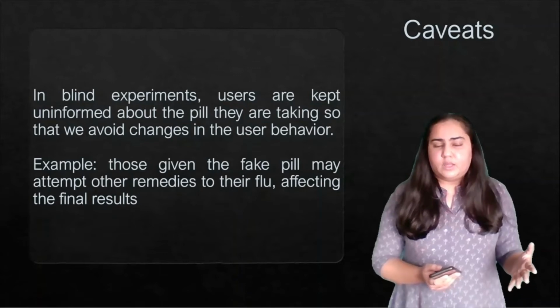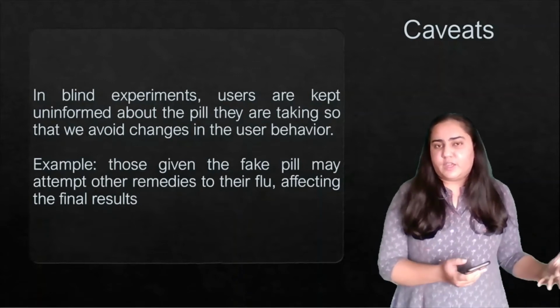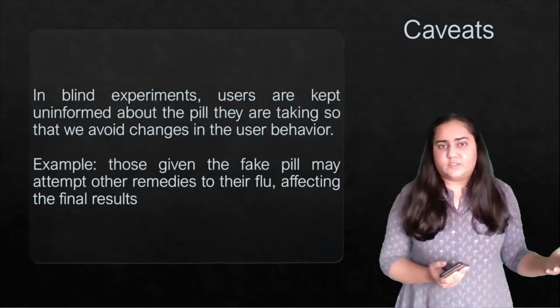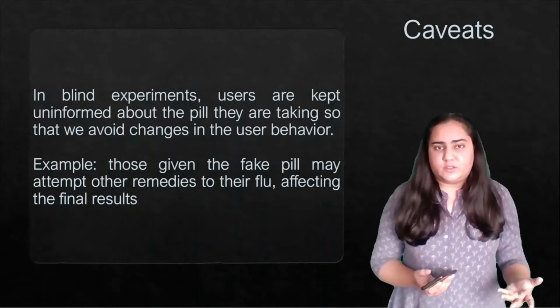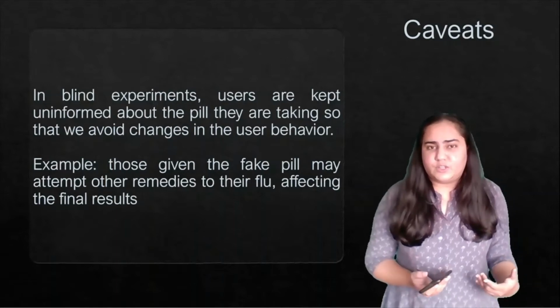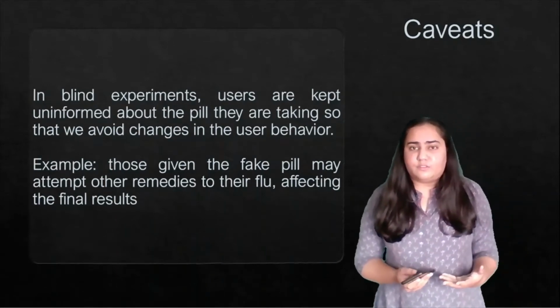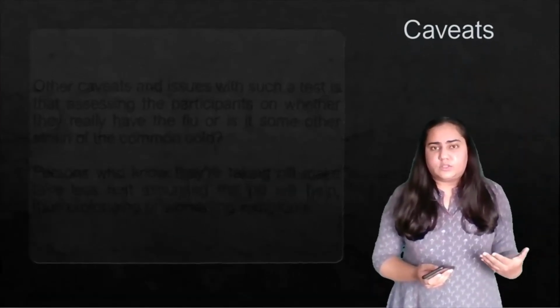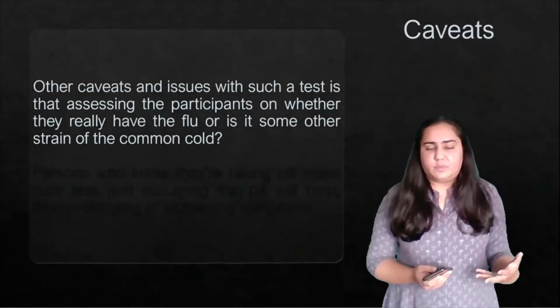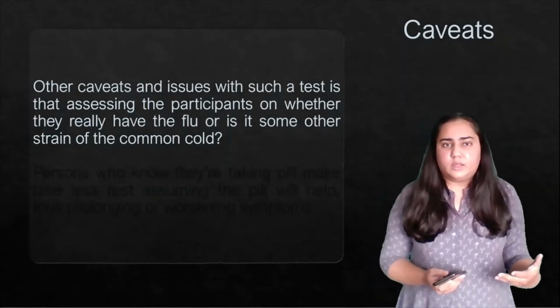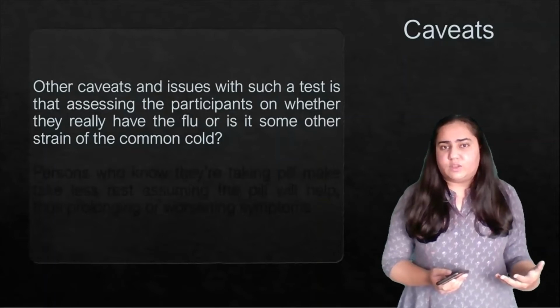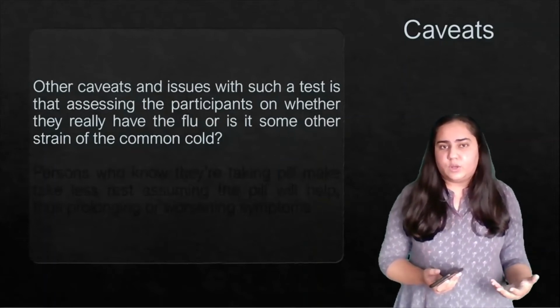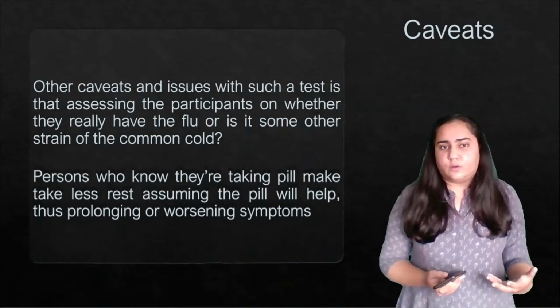For example, if somebody is given a fake pill and they are already told that it's a fake pill, then they might try to attempt other remedies for their flu, right? They might try to take some other medicine, and that could affect your final results. Issues could also be caused in the test when assessing whether participants really have the flu or some other strain of the common cold.